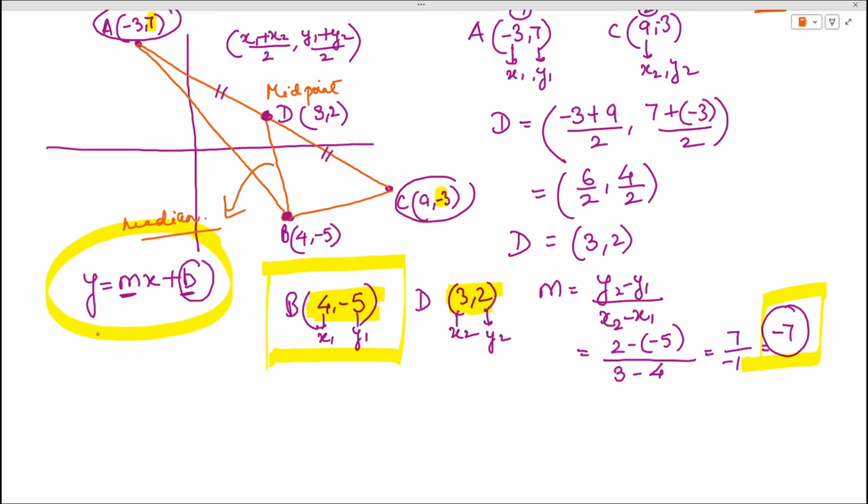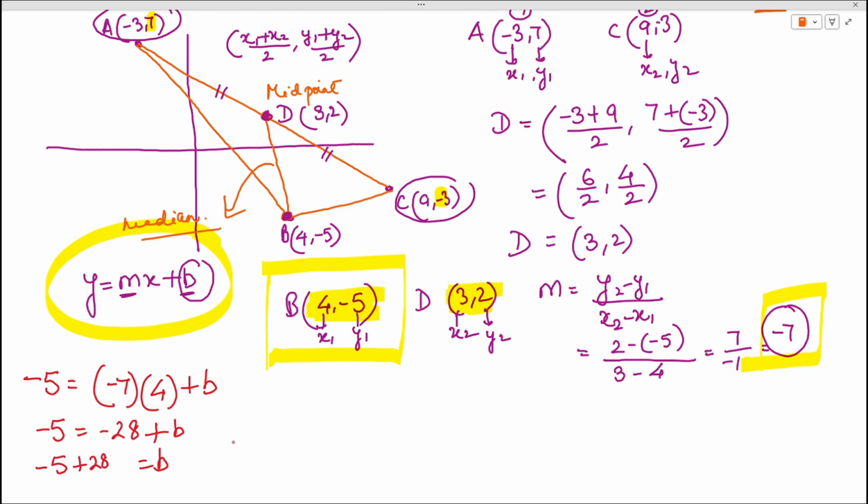So we get y is negative 5, m is negative 7, x is 4, plus b. So negative 5 is equal to negative 7 times 4, which is negative 28, plus b. So b is equal to negative 5, and negative 28 on the other side goes as plus 28. So our b value is 23.